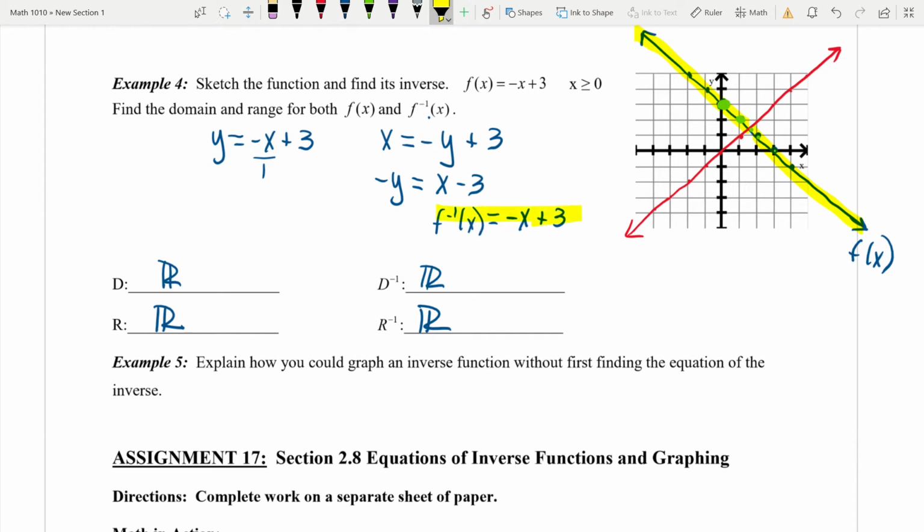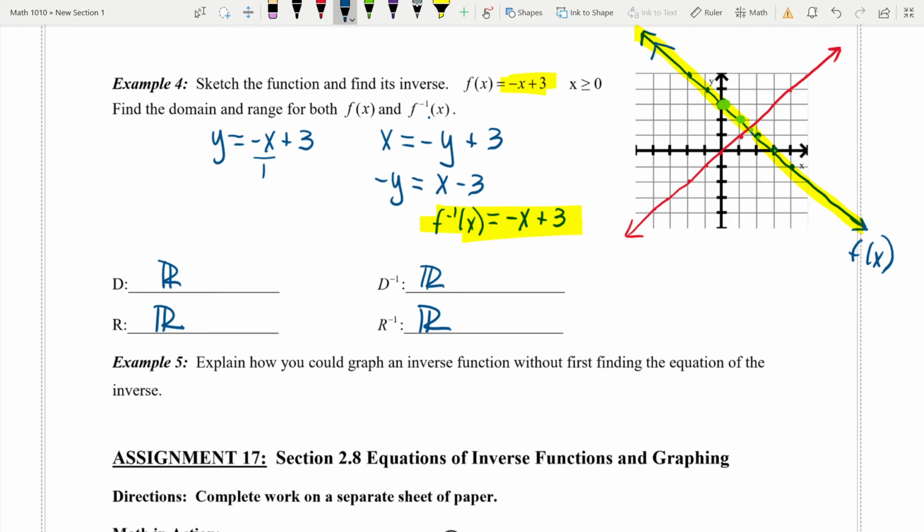So now it's so strange because the inverse is the same as the original equation. Well, sometimes that's going to happen. If you draw a line and when you fold it across the line y equals x, it lies on top of itself, then the inverse is going to be the same as the original.